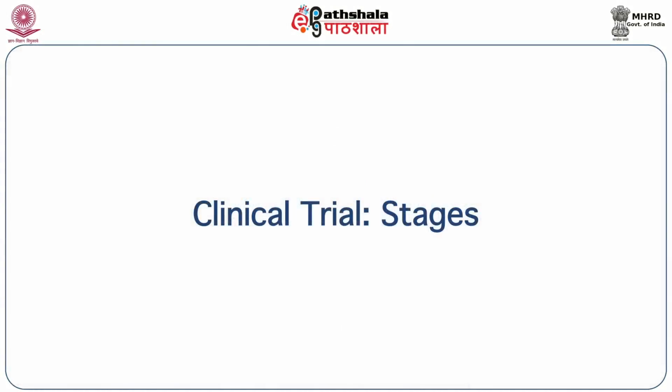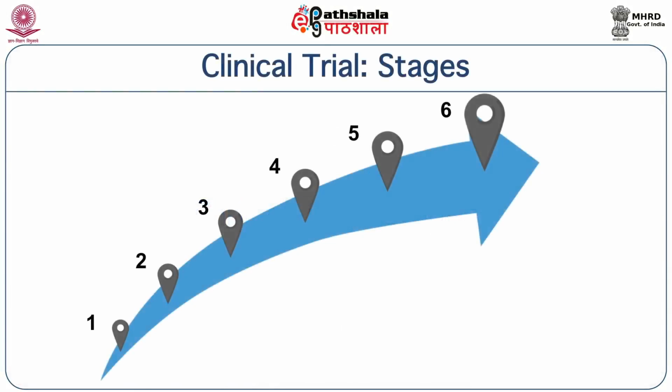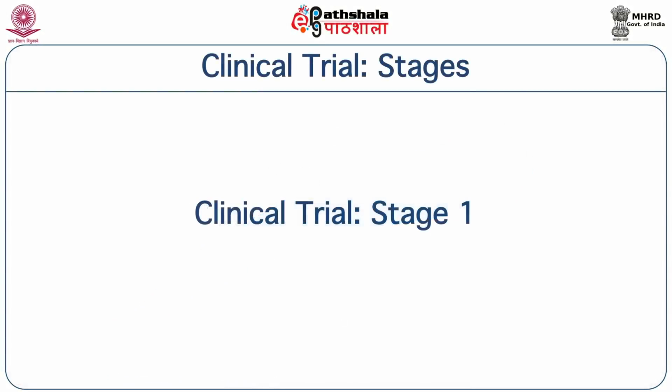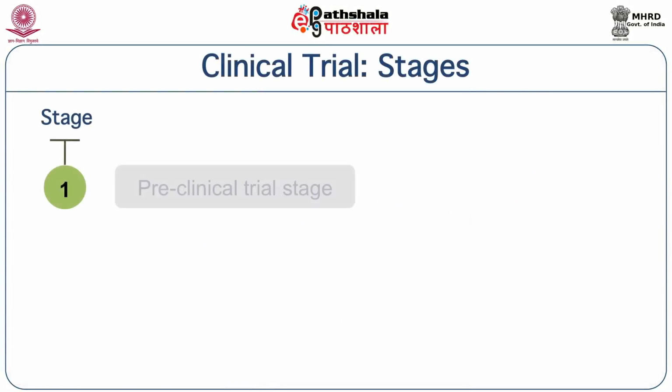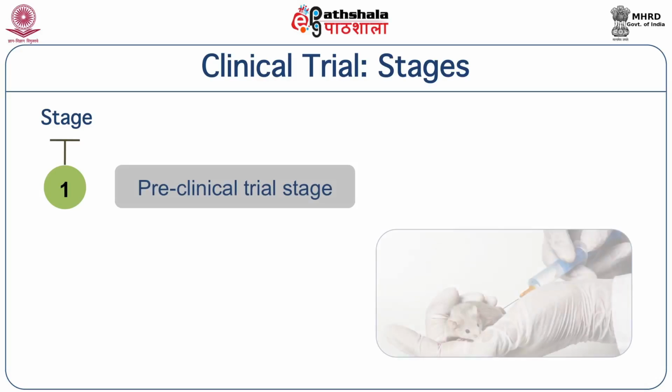There are about 6 stages of clinical trials. The first two stages are preclinical trial stages, which are done on animals. Stage 1 is called the preclinical trial stage.